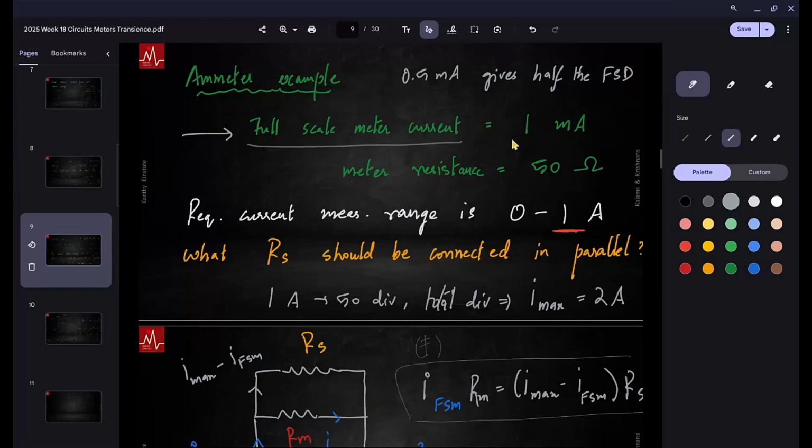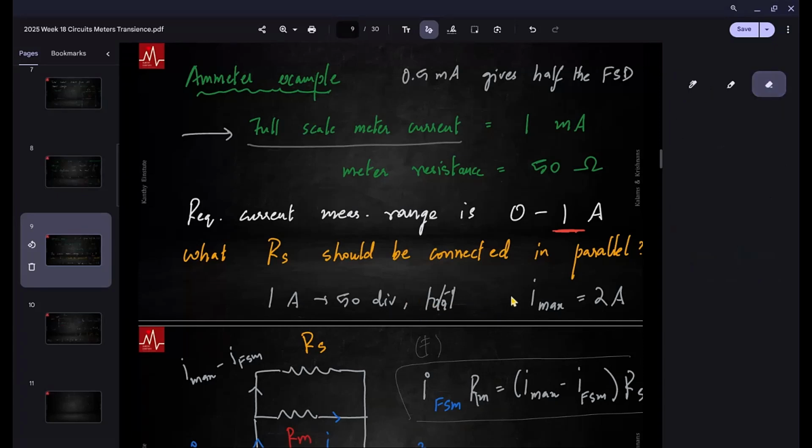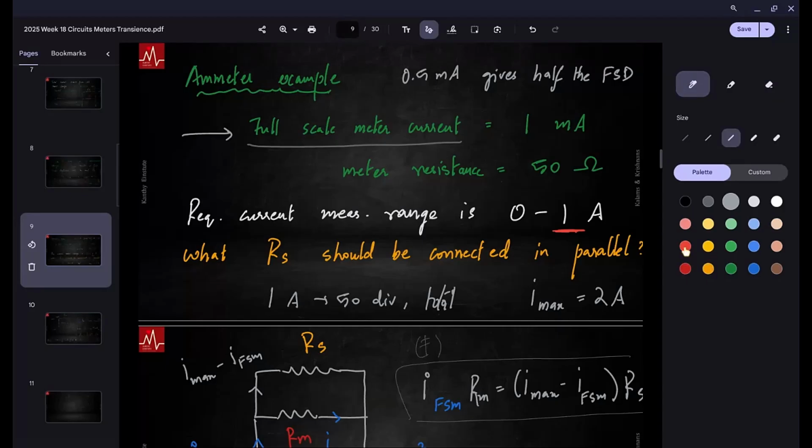They can make a change on this side, and they can also make a change on that side. Instead of saying the range is 0 to 1 amps, they can say, with 1 amp we want to get 50 divisions out of 100. Total divisions is 100. So the maximum current we are trying to measure is 2 amps.